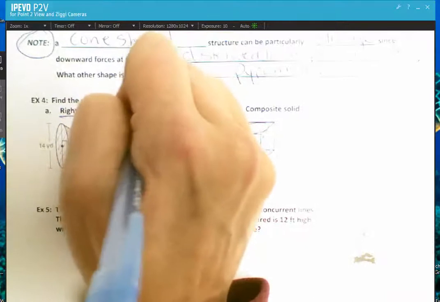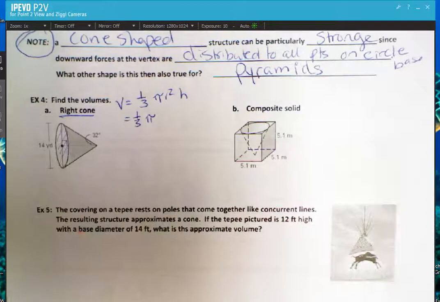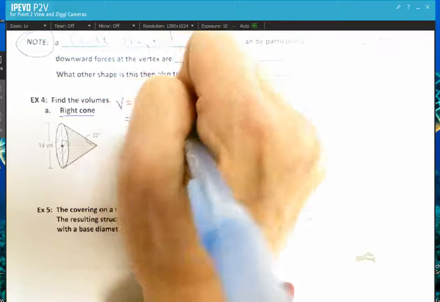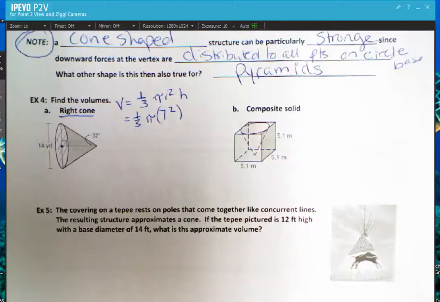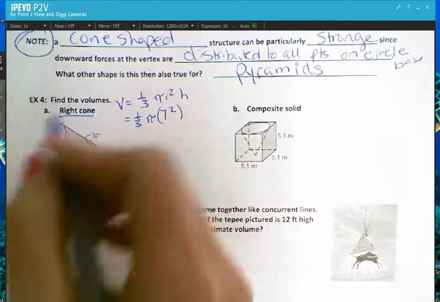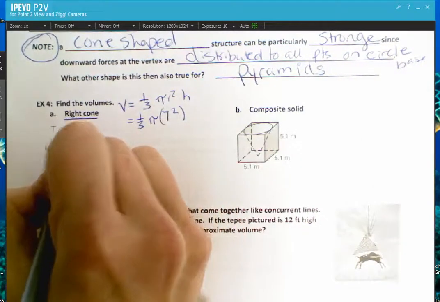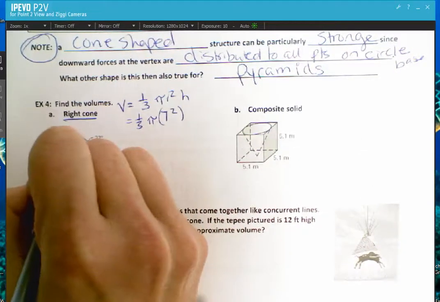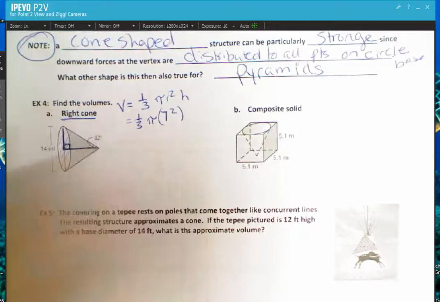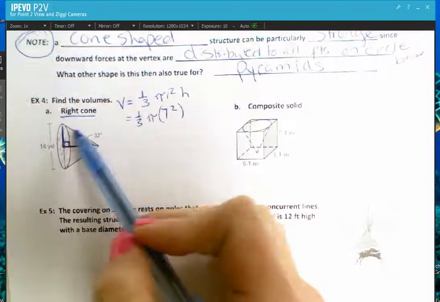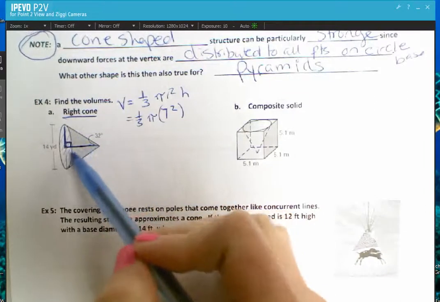Start substituting in the pieces that you know. The whole diameter is 14, so my r is 7 squared, times my height. Height is defined from the vertex perpendicular to the base. That means I don't know what my height is yet. So I do see, though, that I have a right triangle here.